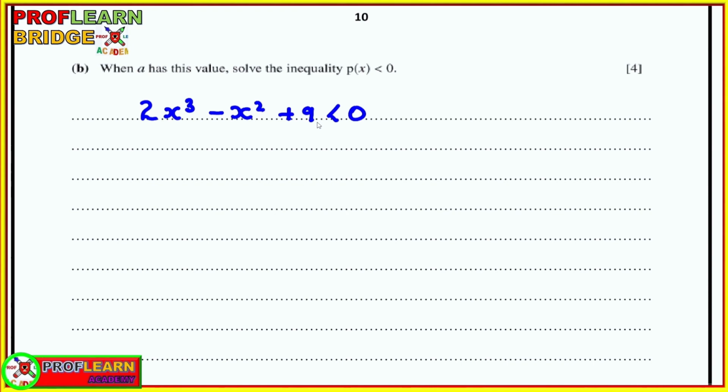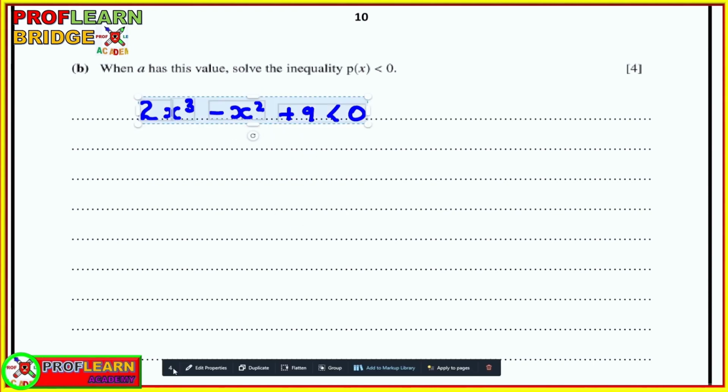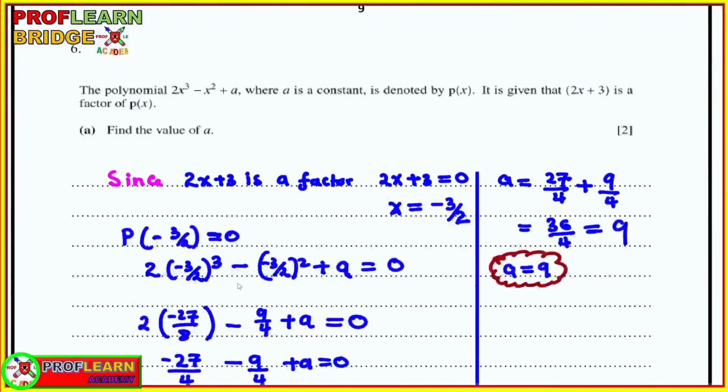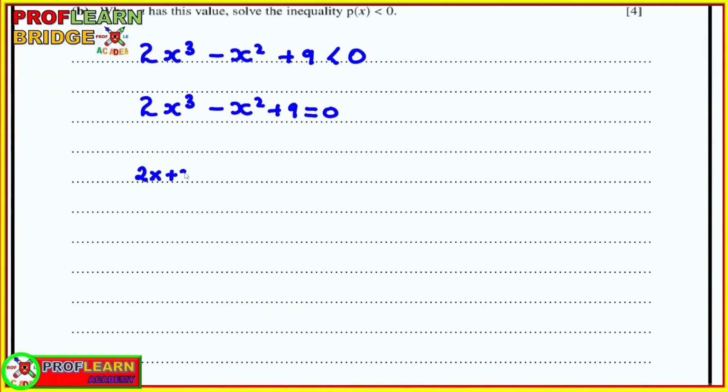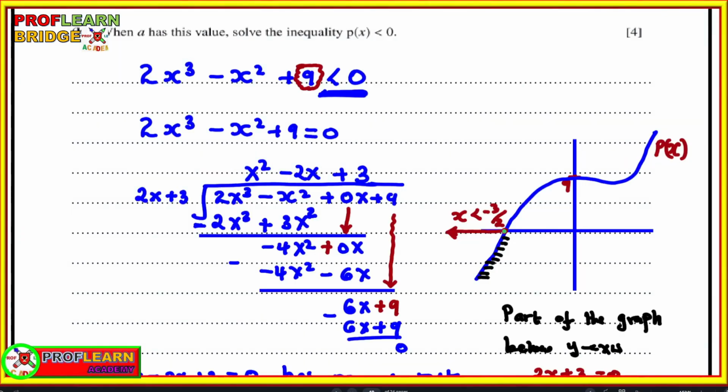But remember, we had gotten the factor. We were told that this is a factor. Then if we take this factor and divide the cubic function by it, we can get another factor.